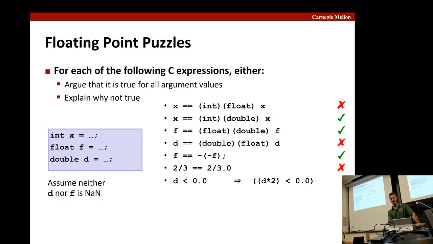If I have a double that's negative, I'm going to multiply by 2. Is it still negative? So this is multiplying by 2. Is it still negative? Okay, that's fine, right? I mean, even if I end up overflowing, it doesn't change the sign, right?